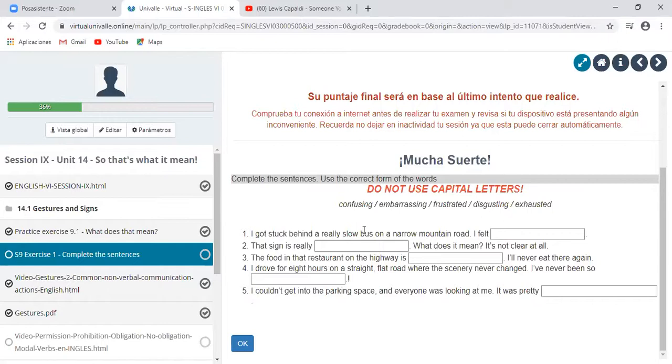According to the contents of the sentences, you are going to select an adjective with ing or with ed. For example, in number 1: I got stuck behind a really slow bus on a narrow mountain road. I felt, which one? Confusing, embarrassing, frustrated, disgusting, or exhausted. And here, you're going to do it by yourself, ok?